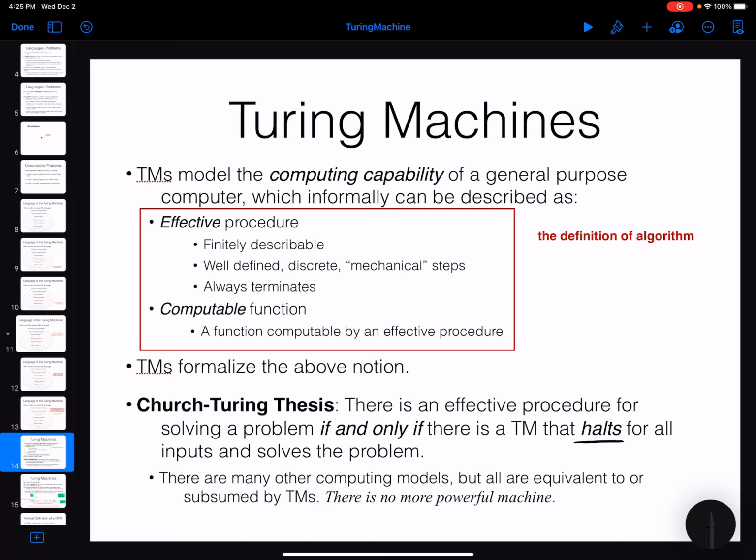You can write a Turing machine to solve it. And this is an if and only if. So if there is a Turing machine for a language that halts over all the inputs, that language is going to be representing a decidable problem.